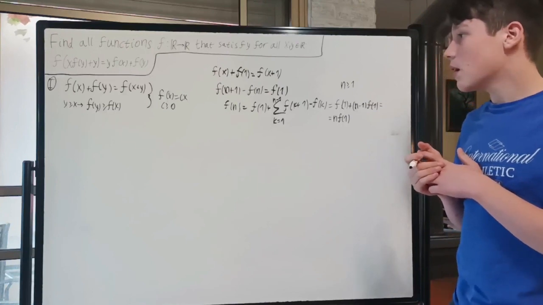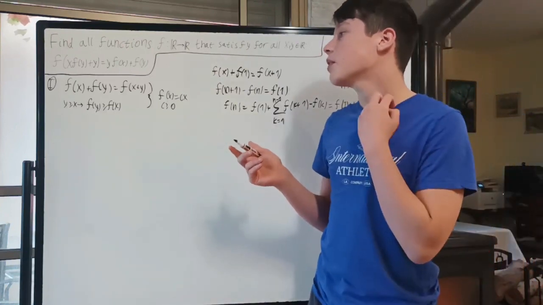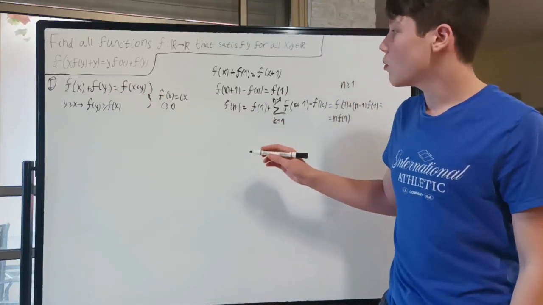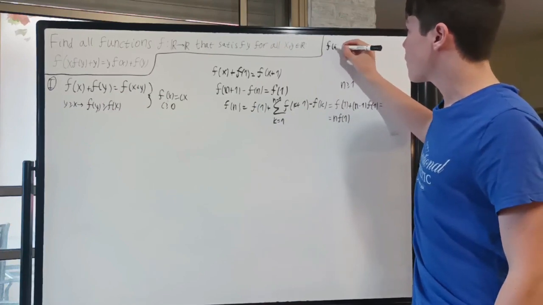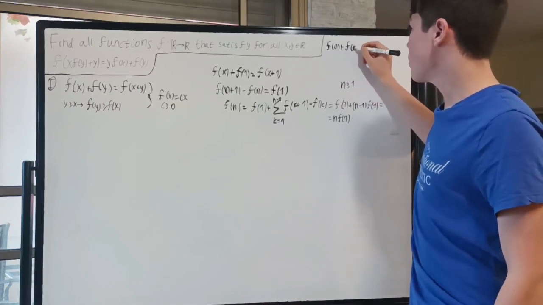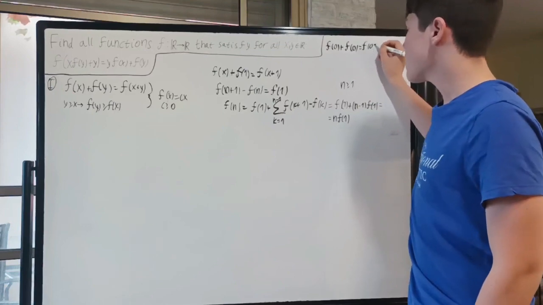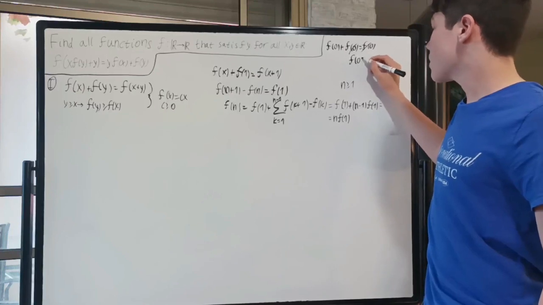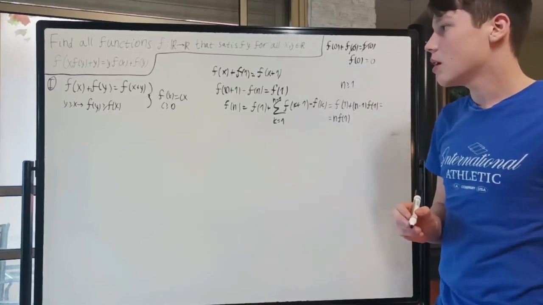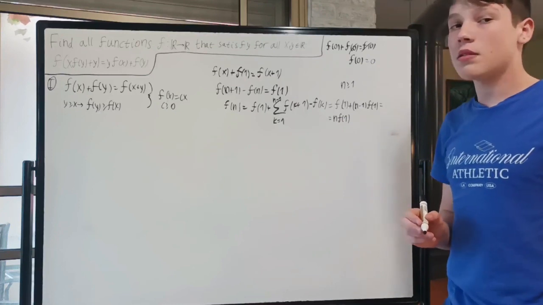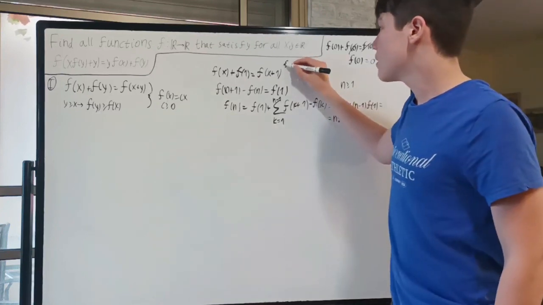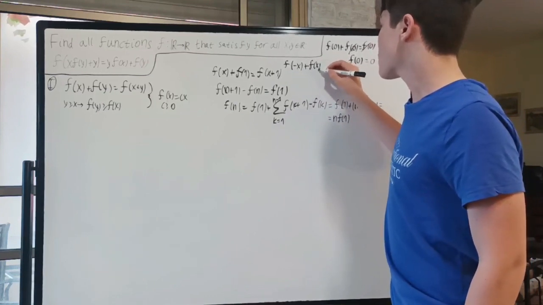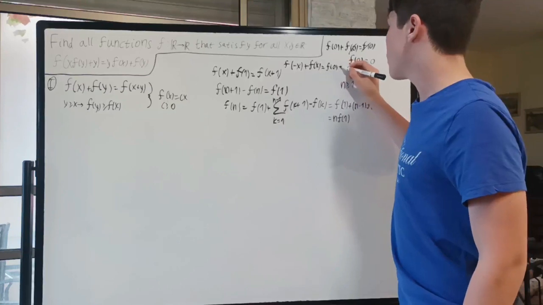And notice, I should have done this earlier, if I plug in x equals y equals 0, we get f(0) + f(0) = f(0), since 0 plus 0 is 0. So this cancels out and we get f(0) equals 0. And if I plug in y equals negative x, I get f(-x) + f(x) equals f(0), which is 0.